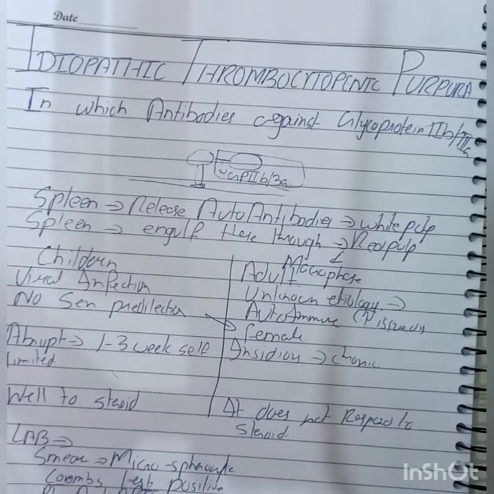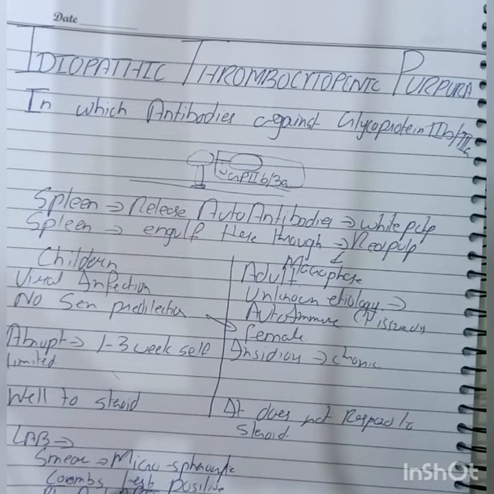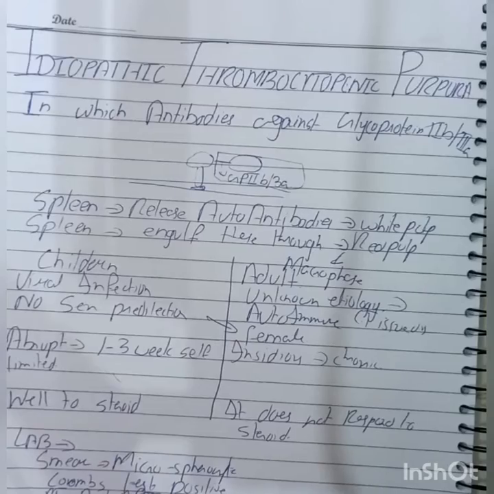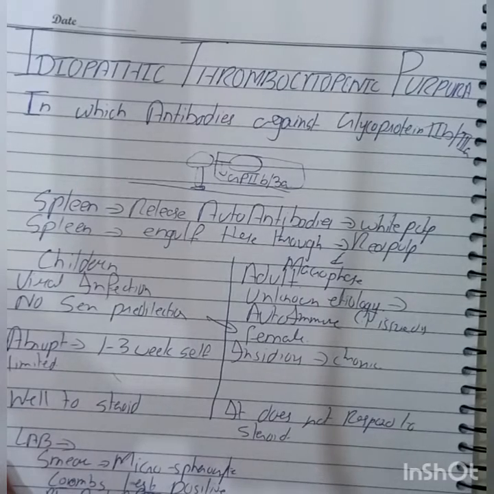When we do the bone marrow biopsy, there is an increase in megakaryocytes. Why? Because whenever there is premature removal of platelets, the bone marrow has to increase its function to compensate for the normal values of platelets.